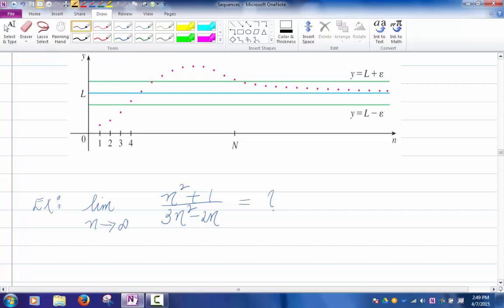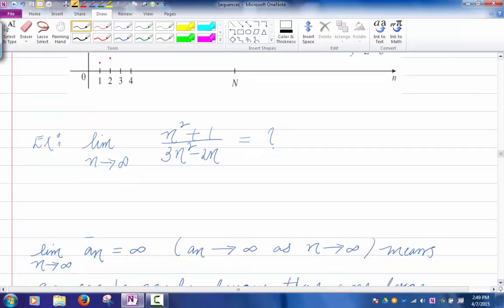Then the limit is L means that after some point on, the graph of the sequence will be within epsilon of L. Is everybody okay with what we just did? That's the meaning of the limit.